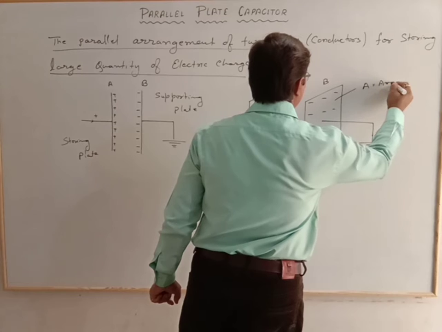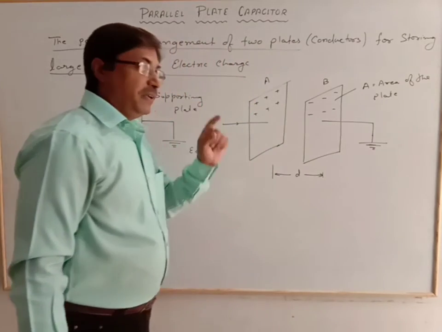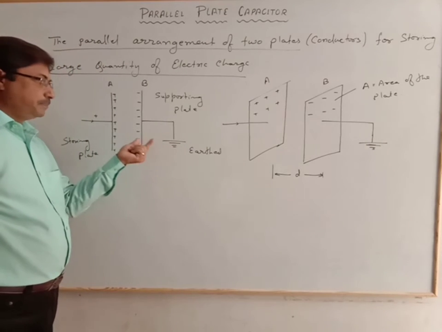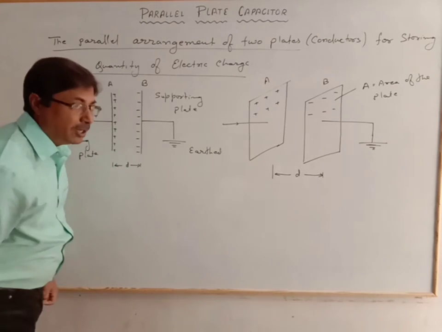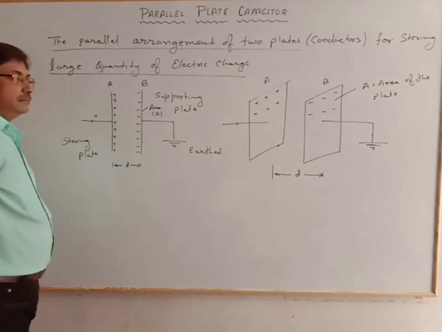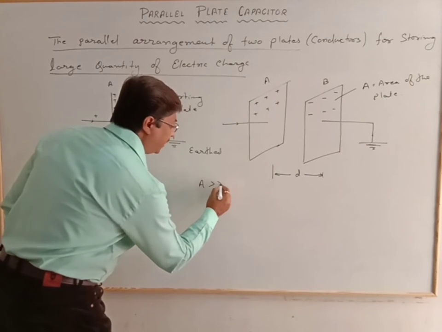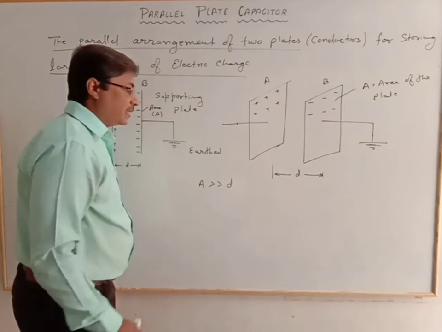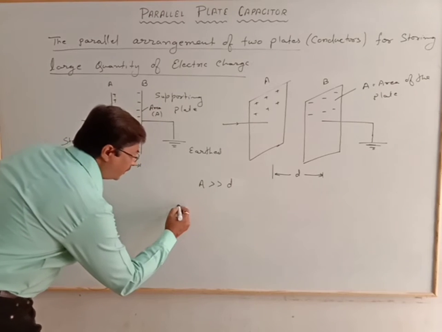In either figure we are seeing, the distance between the plates is much smaller than the area of the plate. Let the area of the plate be capital A.